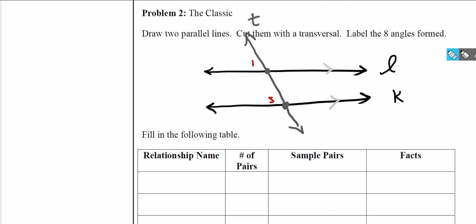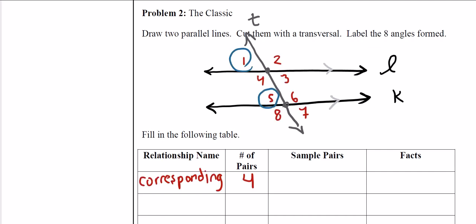These two angles are called corresponding angles. These are corresponding angles. And these are corresponding angles. So if we focus, there's a total of 4 pairs of corresponding angles. If we were to focus, for example, on 1 and 5, then angle 1 and angle 5 would be corresponding angles, as an example.